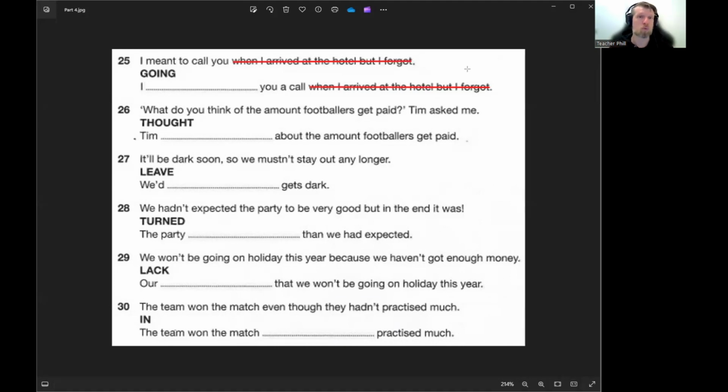So now let's have a look at what we need to transform. It says here, I meant to call you. And then it says here, you a call. And we have to use going. So for me, if I say, I meant to do something, there's a structure with going when I say I was going to do something.